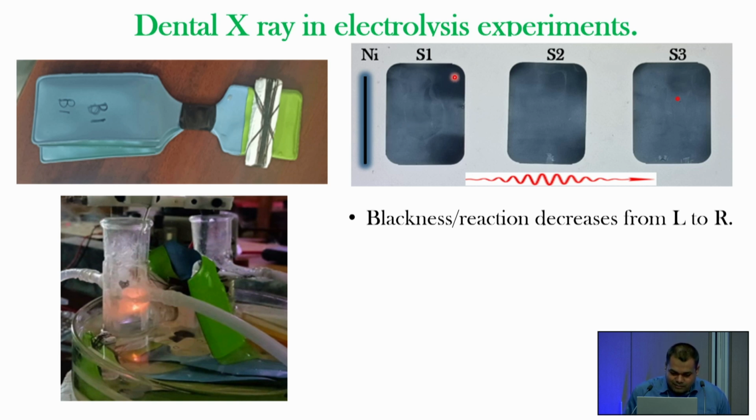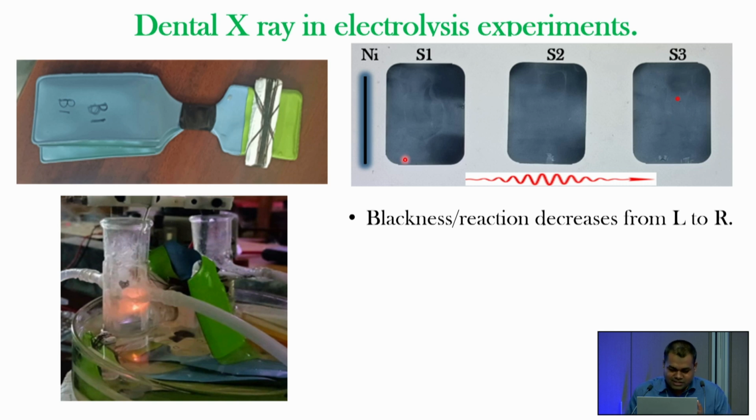You can see here the center portion, which is white in color, is not reacted, whereas this black is a reacted part. And this reaction faints as we move farther from this nickel cathode. For example, in S2, you can see it has gone faint, and in S3, it has gone fainter.